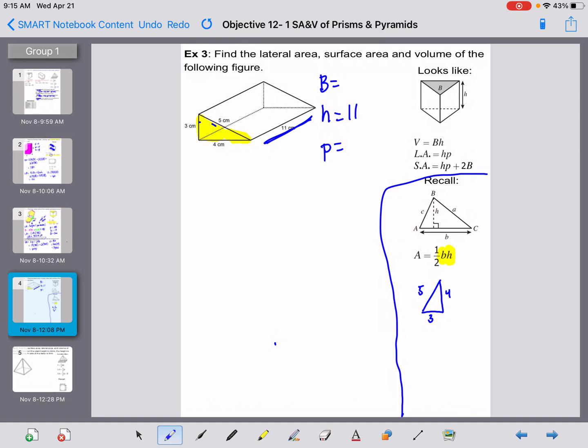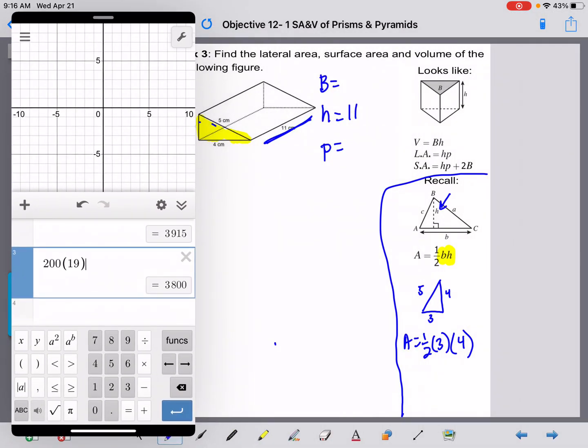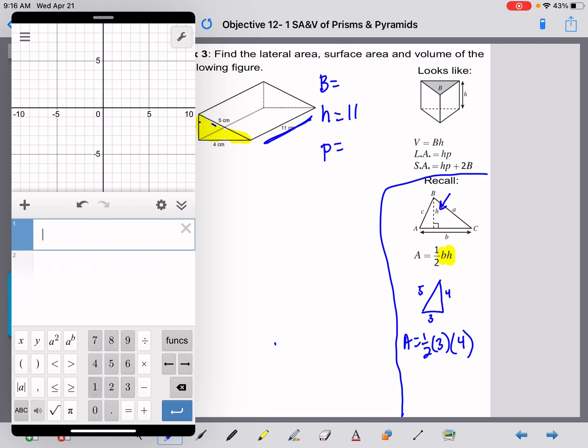However, when I'm looking at just the triangle base, the height, if I look there, this H is going to be 4. And this B is going to be 3. So the area, and this is where you guys are going to get confused because you're going to try to skip steps and you're not going to want to write stuff out and you're going to get it wrong.